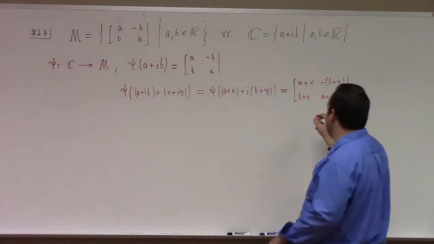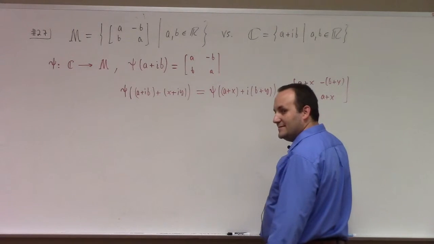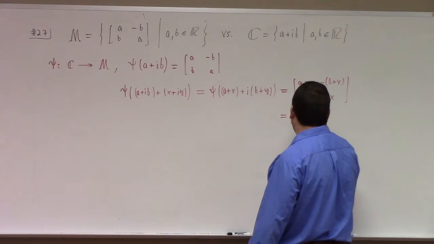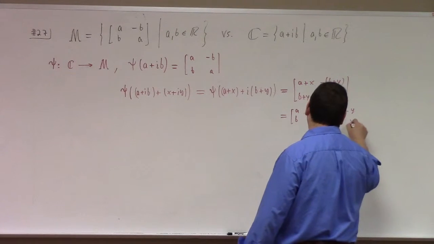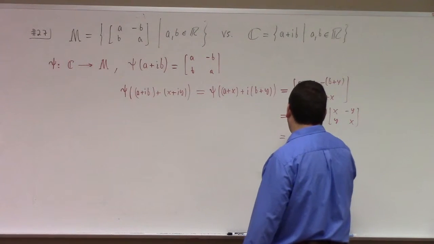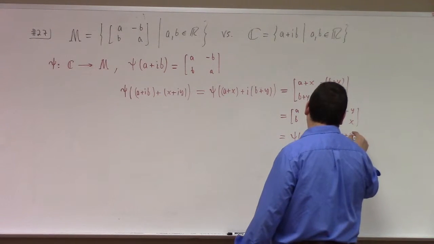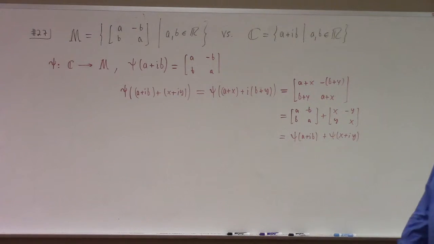But this we can rewrite by properties of matrix addition as the matrix with A, minus B, B, A, plus the matrix with X, minus Y, Y, X, aka psi of A plus iB, plus psi of X plus iY. I'm going to get tired of writing all the details out in this problem pretty soon. There's a lot to write.